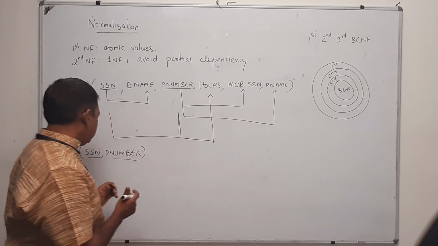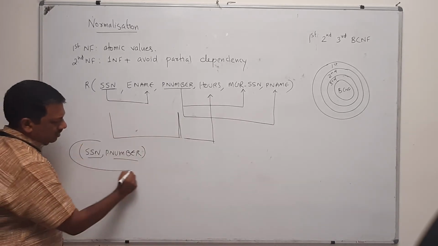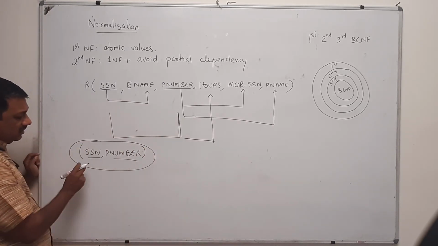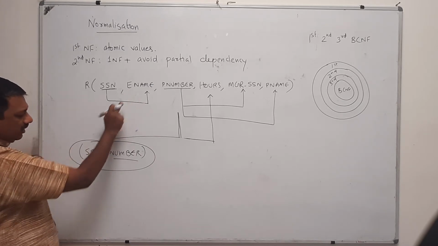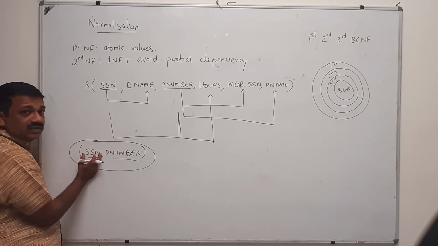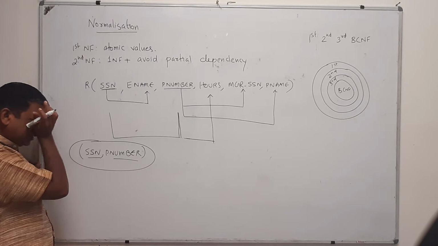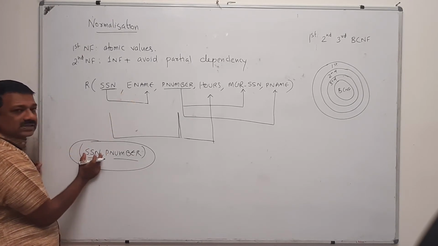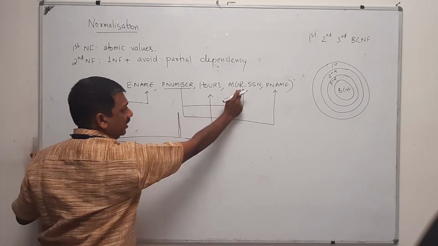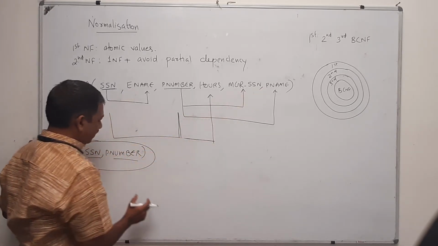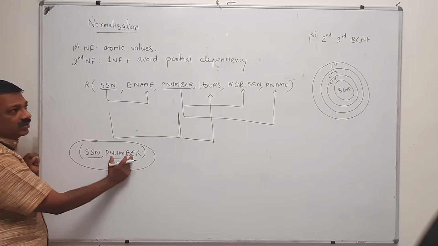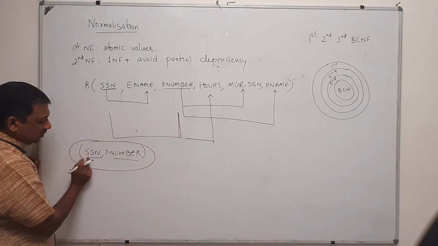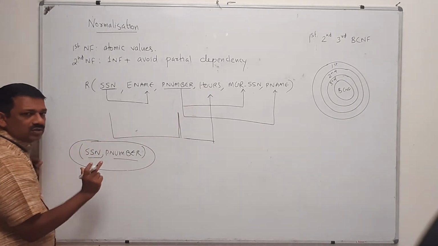That means we have a primary key, but this employee name depends on a part of the primary key. That means this employee name depends on only SSN, and manager SSN and P name depend only on project number. This hours depends on SSN and P number together.